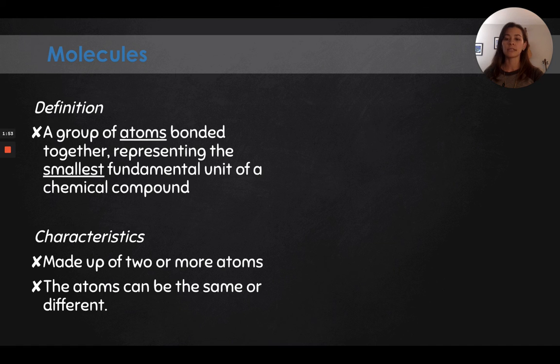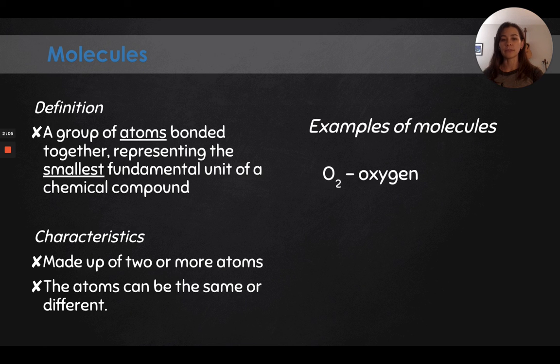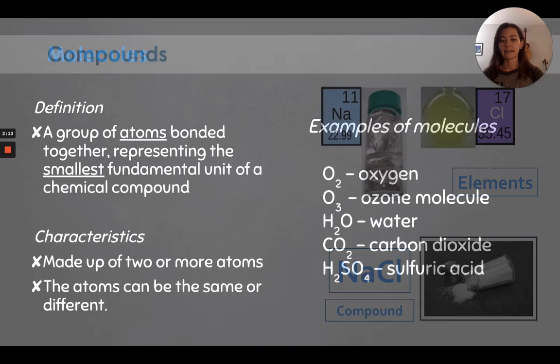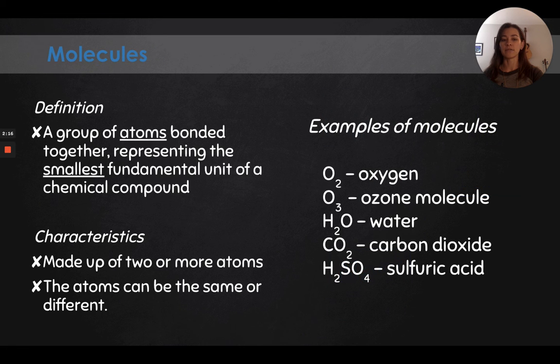So you might have seen in our PhET simulation that two oxygens bonded together is an oxygen molecule. So those two atoms make up a molecule. And some examples: oxygen, ozone, water, carbon dioxide, sulfuric acid. Those are all examples of molecules.